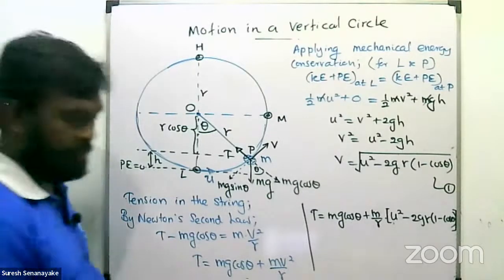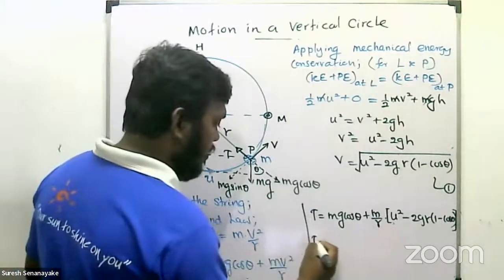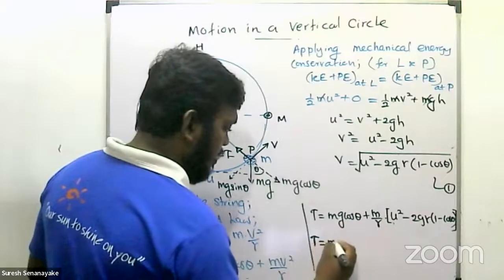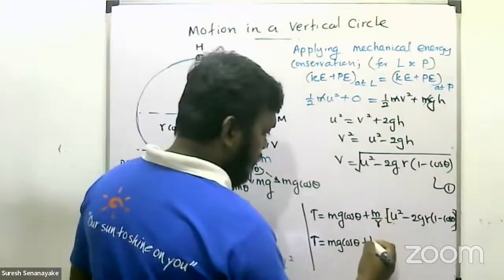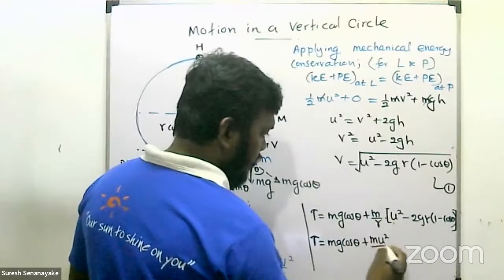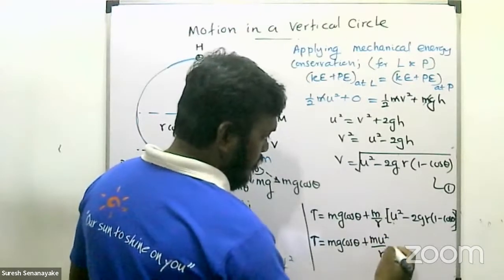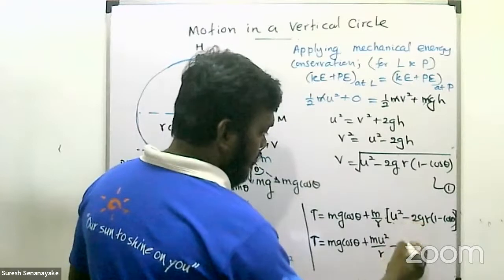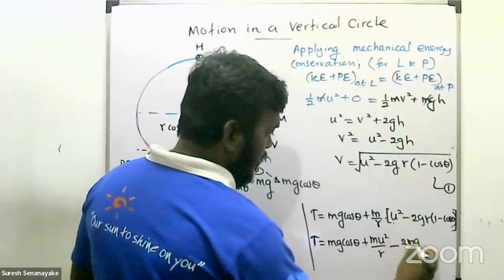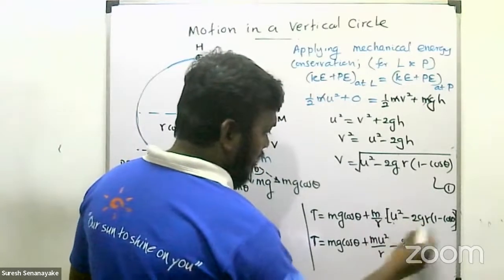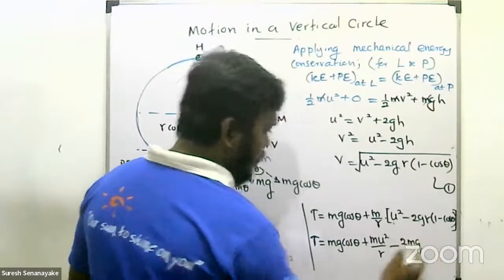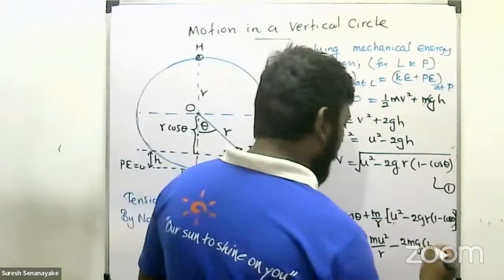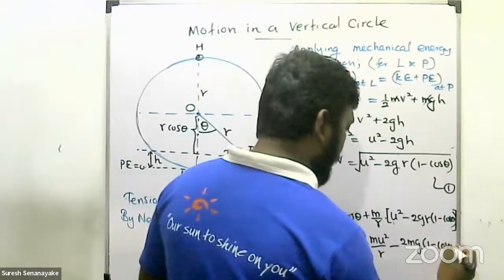You can simplify it. T equals mg cos theta, and you can multiply this: m u square over r minus 2mg times 1 minus cos theta, where the r cancels.